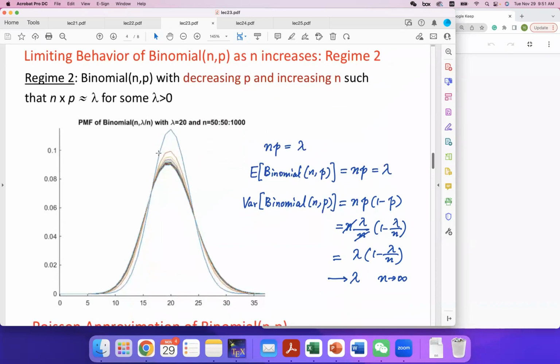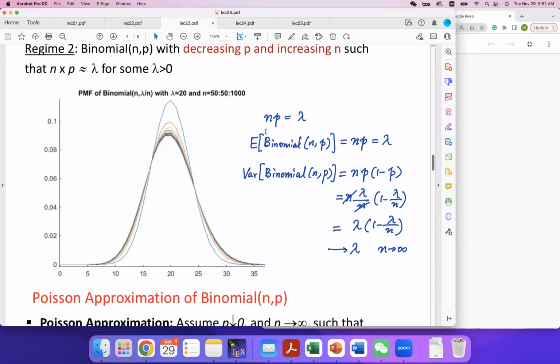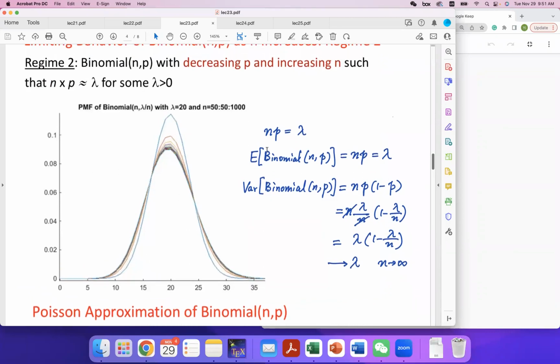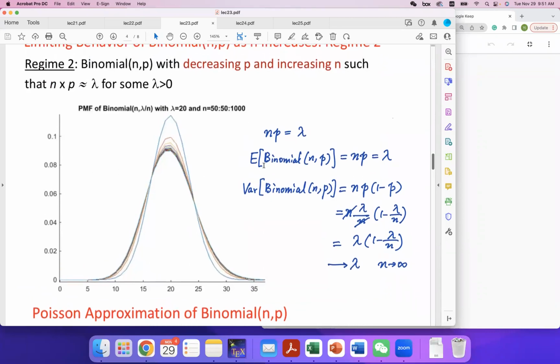So in this case, we cannot use the Gaussian approximation, right? The Gaussian approximation says that n times p must be far bigger than 1, but this is not the case in this regime. When this product remains a constant, we can still look at some basic statistics of this binomial distribution.